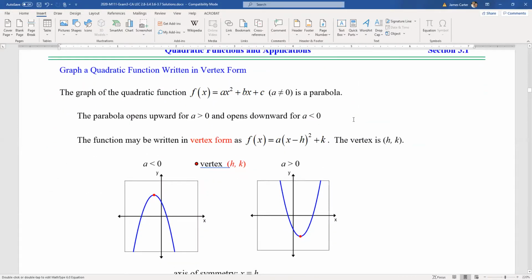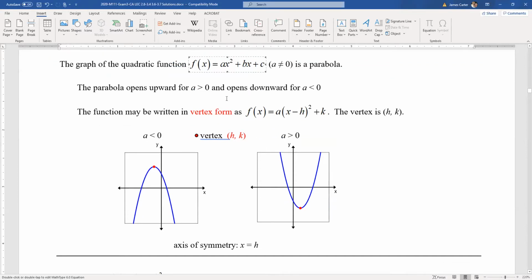Okay, graph quadratics in vertex form. Now, vertex form is what we've got here. If it asks for vertex form, this is standard form.